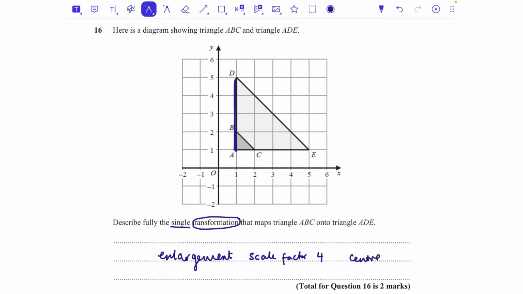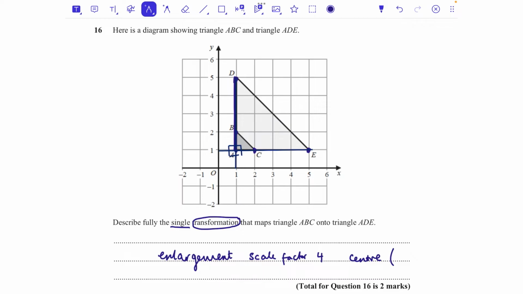The centre is the point that it's been made bigger from. And if you connect back the same points, so E corresponds to C, that's the matching point on each shape, D corresponds to B, and A corresponds to A, and normally they're not on top of each other like this, but if we came back with all those points, they meet here at this point here, A.